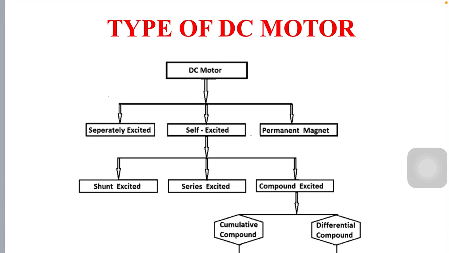Now, types of DC motor. DC motors are basically of three types: self-excited, which we have already studied, separately excited, and permanent magnet. Self-excited motors are the series motor, shunt motor and compound motor. Separately excited means field and armature both have separate supplies. You might be familiar with shunt, series and compound.